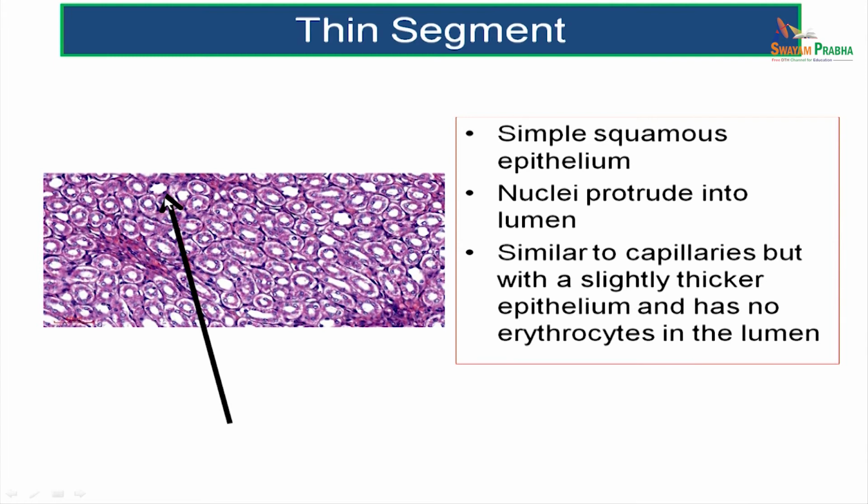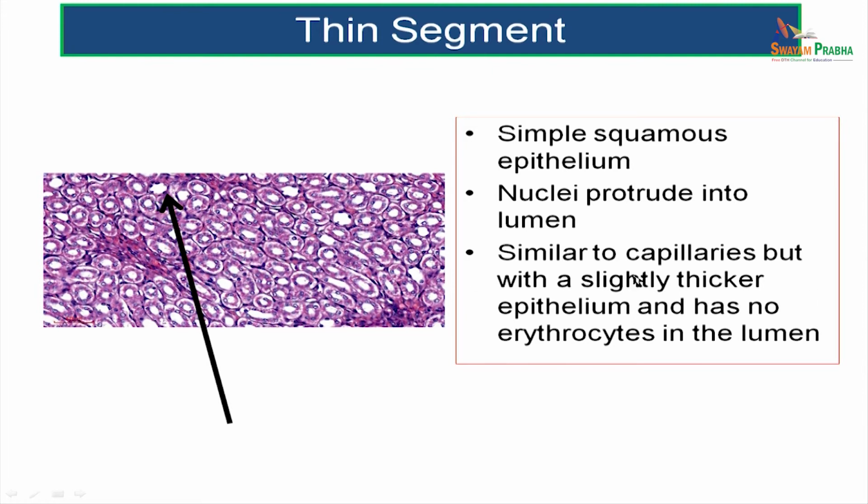So, how to identify thin segment of loop of Henle in the medulla of the kidney? You can see from this structure which is pointed out, which is nothing but thin segment of loop of Henle. The lining epithelium is simple squamous epithelium. You can see that nuclei protrude into the lumen.